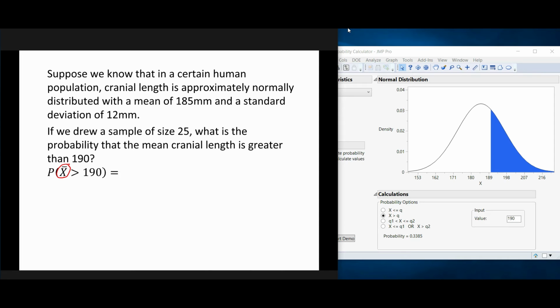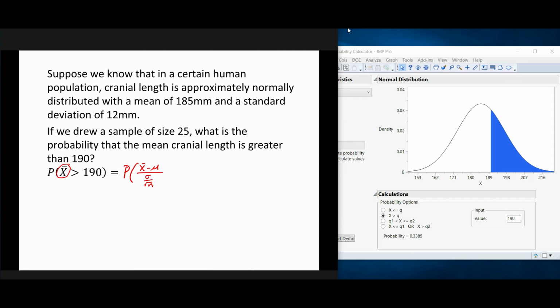So I'm going to standardize this the same way I did before, except I'm going to have x bar minus mu over now the standard deviation of x bar, and that is sigma over the square root of n, the standard deviation of the sample mean. And that comes from the behavior of the normal distribution.